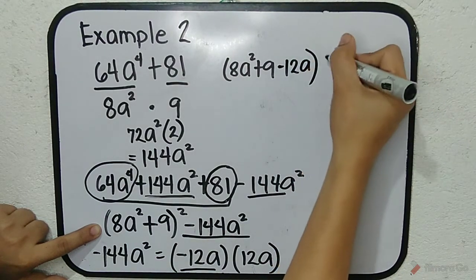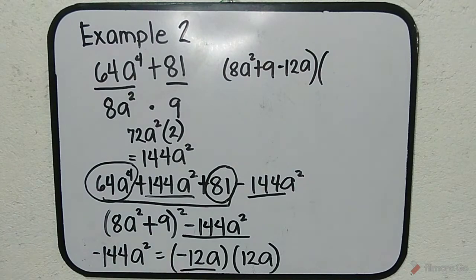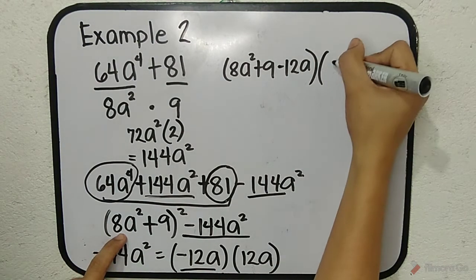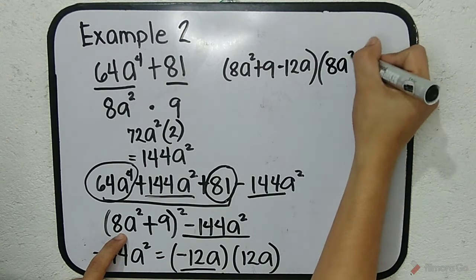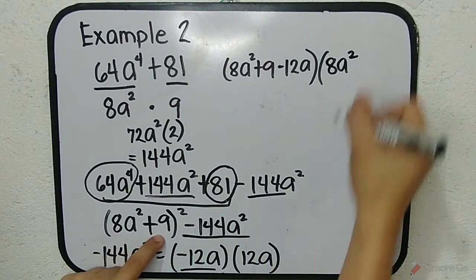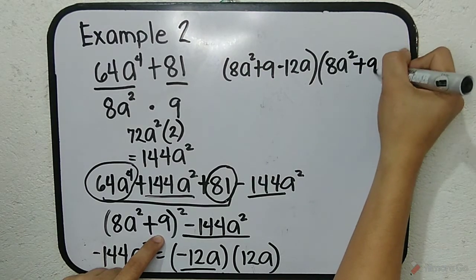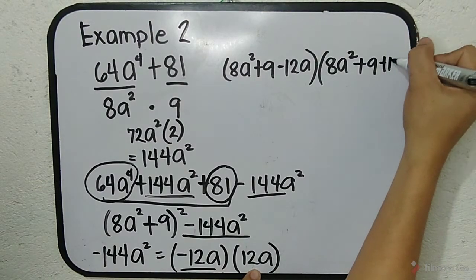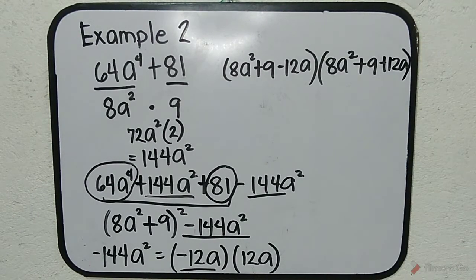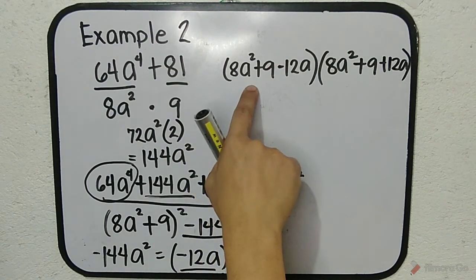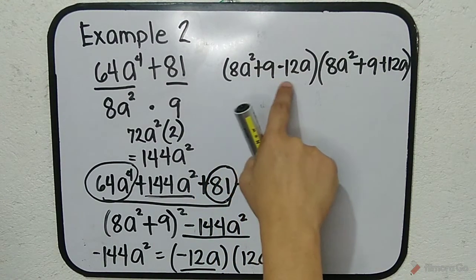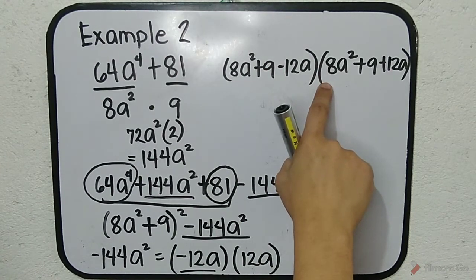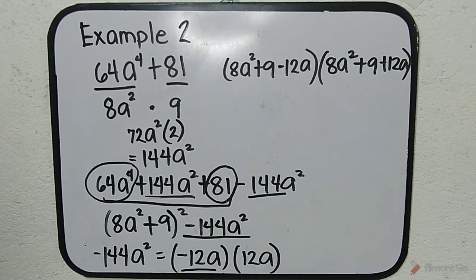Yan. Then, ang isang quantity ay 8a squared plus 9, then 12a. Ito class. So, meron tayong quantity 8a squared plus 9 minus 12a and quantity 8a squared plus 9 plus 12a. Ngayon, i-arrange na lang ulit natin siya depende sa variable na meron.